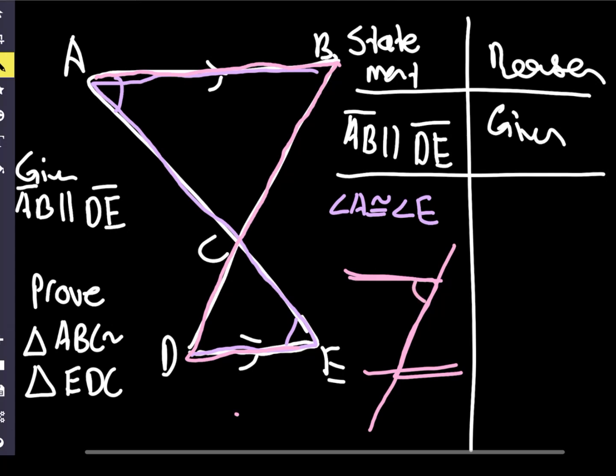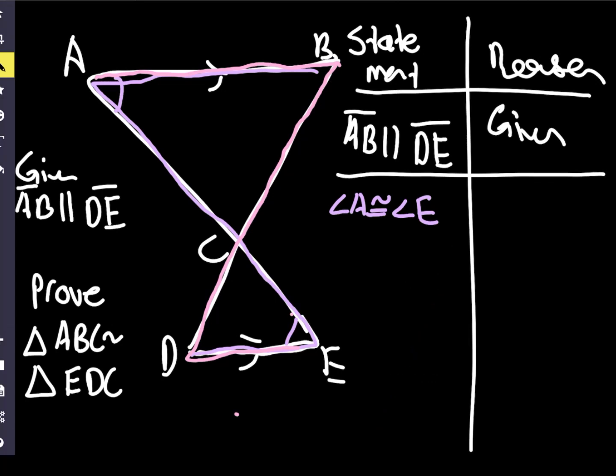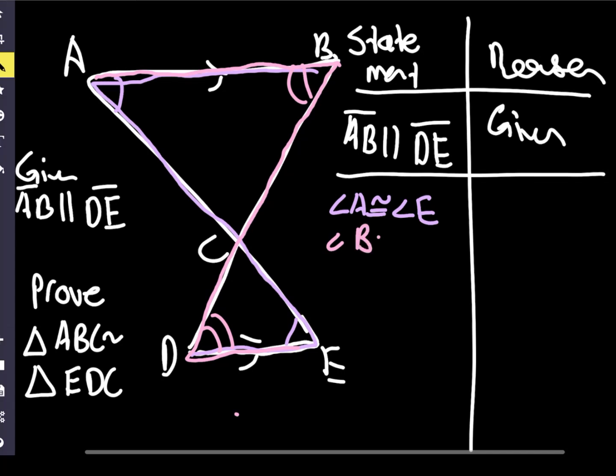And in this case, this alternate interior angle and this alternate interior angle, right? So you can see how this part and this part are congruent, just like how this part and this part are congruent. So based on this, you can also say that angle B is congruent to angle D.